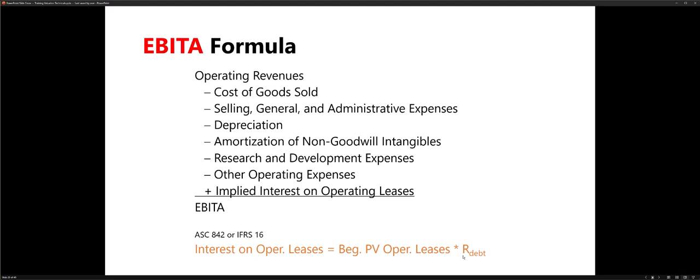And usually we just assume a cost for it, or most of the time the company discloses the cost of those leases, and then you just take the beginning present value of those operating leases. So that's how you add this back, so that it would be comparable before 2018 and after 2018, and then you get your EBITDA. Hopefully that explanation clears this part.